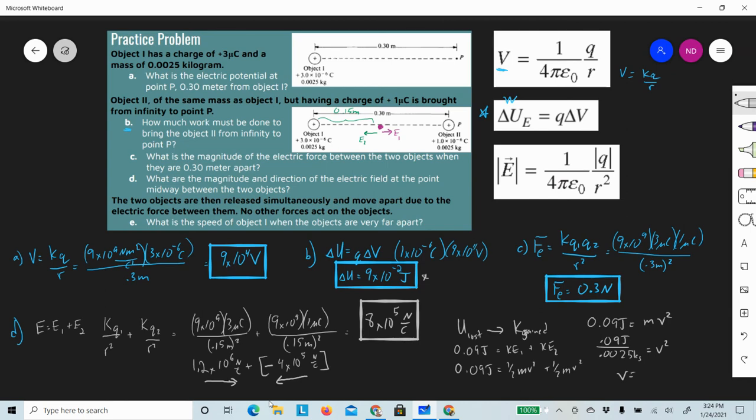V equals, do this math, 0.09 divided by 0.0025 equals 36. Square root of that, square root of 36 is 6 meters per second. And that's the problem.